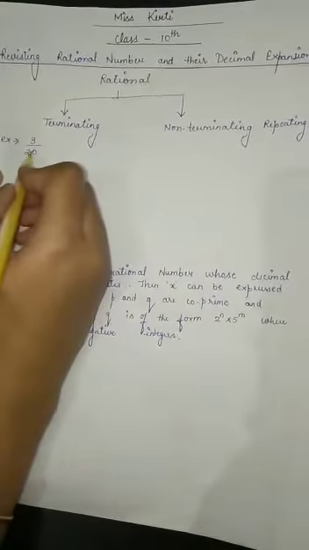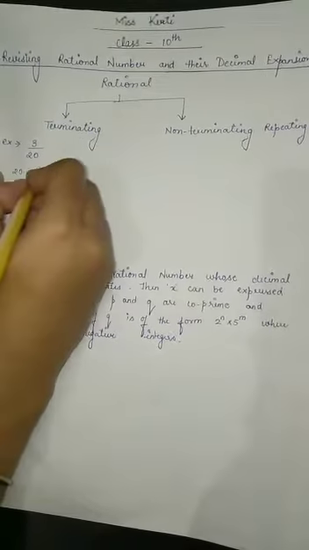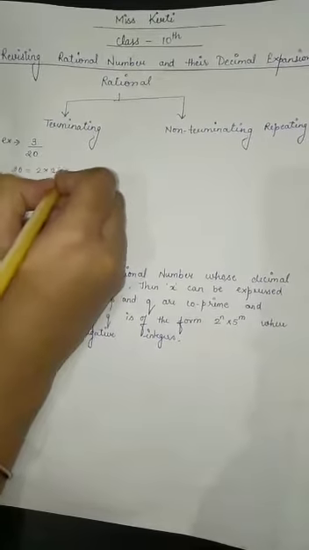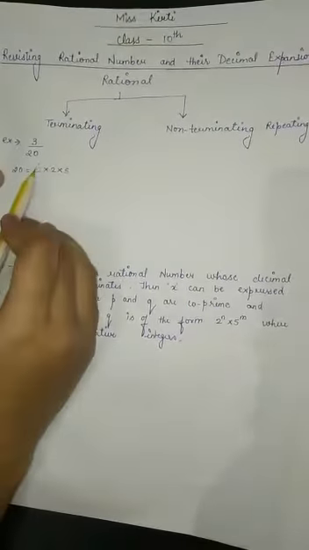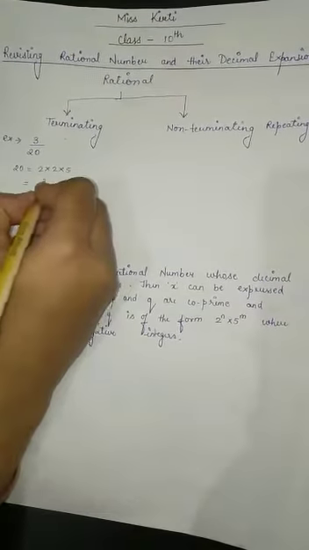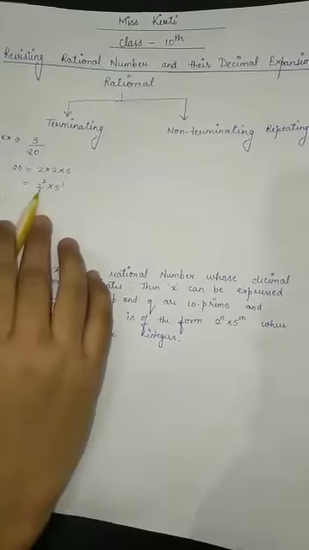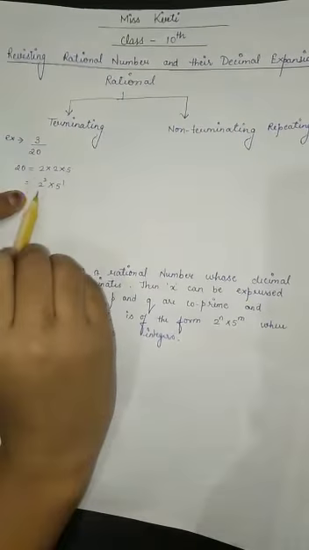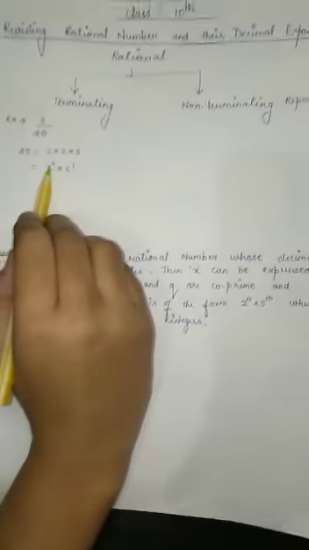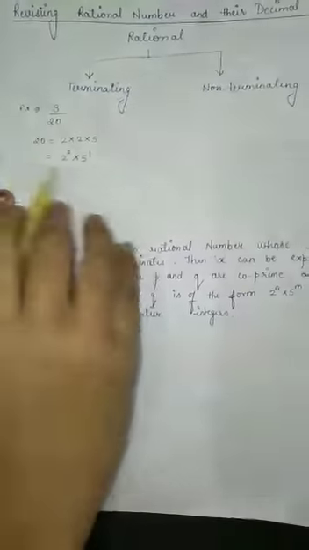Now we can factorize 20 as 20 is equal to 2 into 2 into 5. I can write it as 2 to the power 2 into 5 to the power 1. So the value of 20 can be written as 2 to the power 2 into 5 to the power 1.